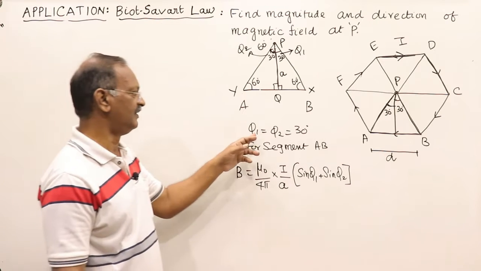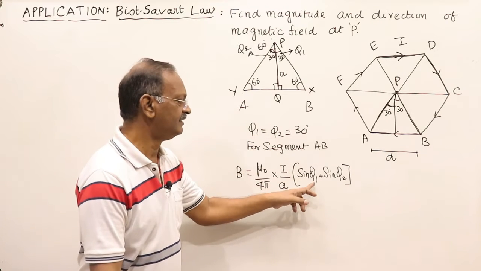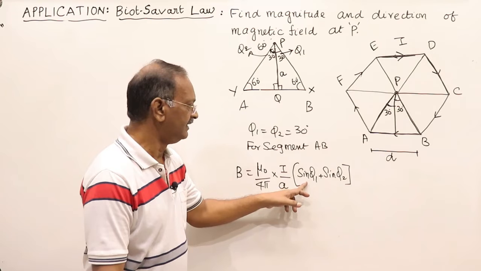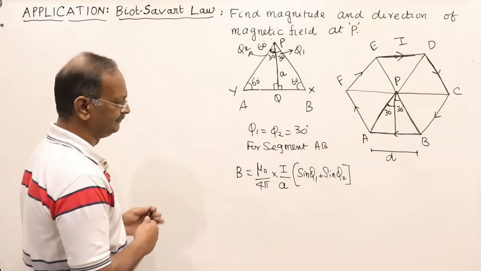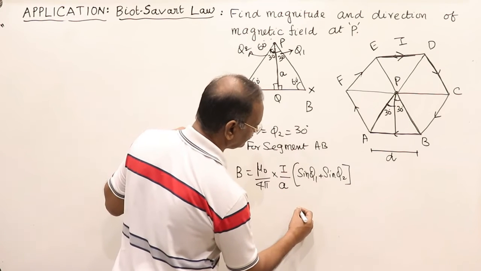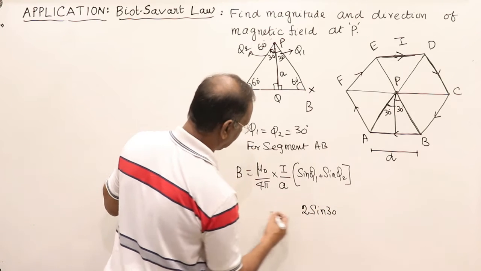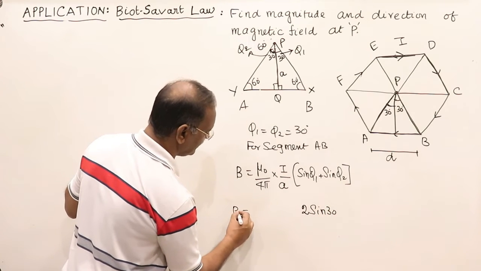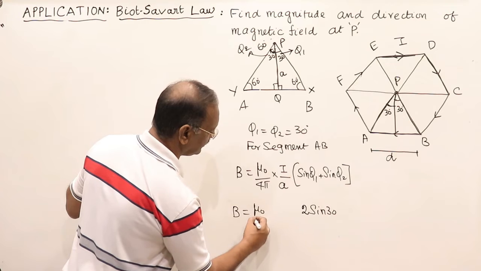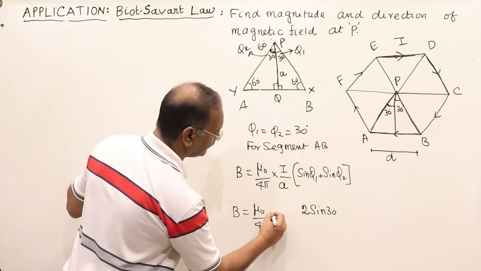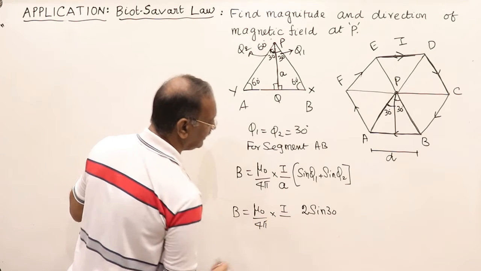Sine phi 1 is 30, sine phi 2 is 30, so this is equal to sine 30 plus sine 30, which is 2 into sine 30, equal to 1 into mu naught by 4 pi. The problem comes with the I by A only.